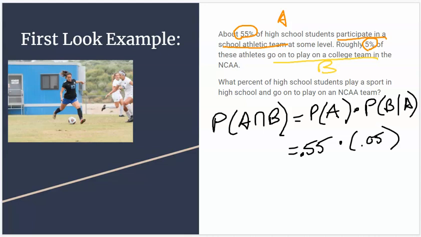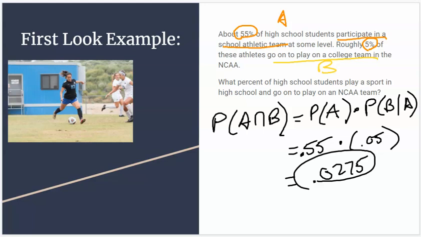Remember, you have to move the decimal point in an appropriate manner. Once you do all that, it should end up being 0.0275, which, if you translate back to a percent, is 2.75%.